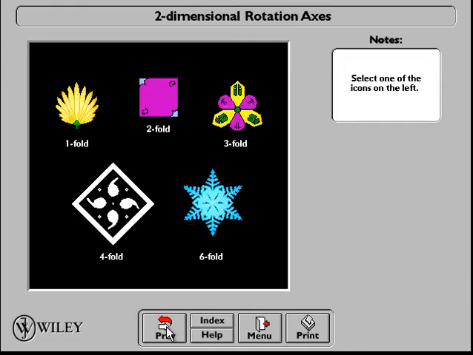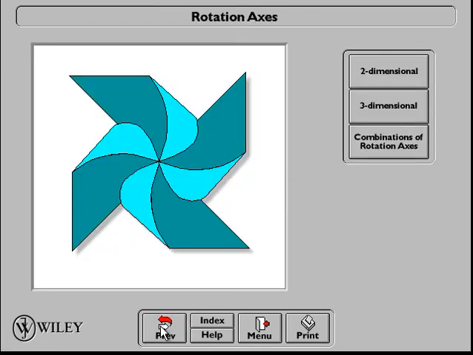So we have now the 1-fold axis, the 2-fold axis, the 3-fold axis, the 4-fold axis, and the 6-fold axis. That was so far for the 2-dimensional rotation axes.